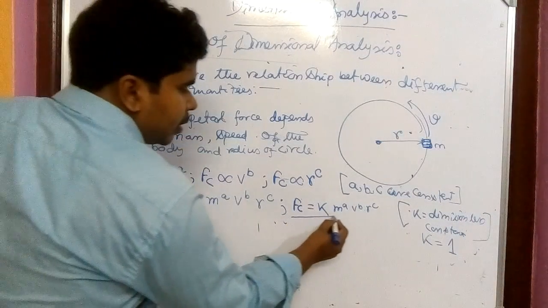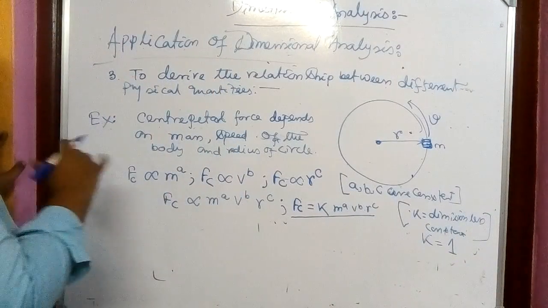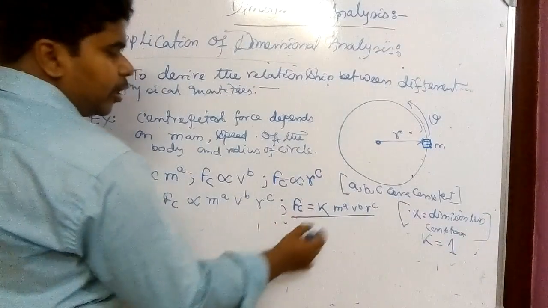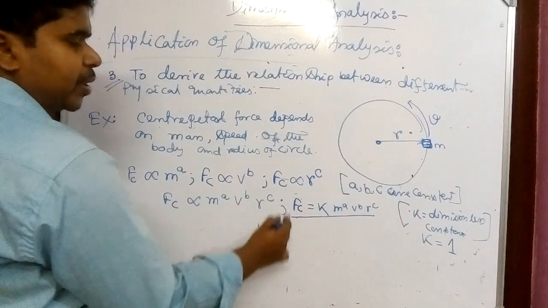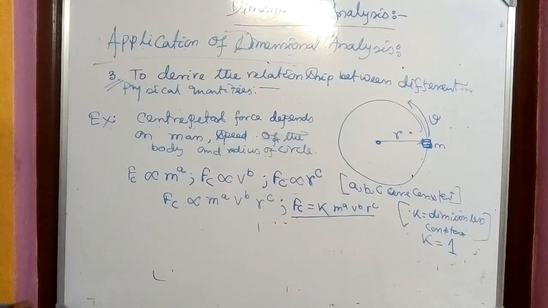As I am telling, this is the equation, you see. As per the previous part, in part 2 we have seen that if it is an equation, the dimension of FC should be equal to the dimension of this.